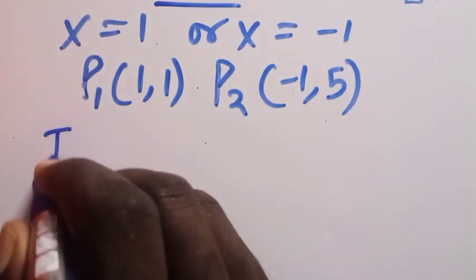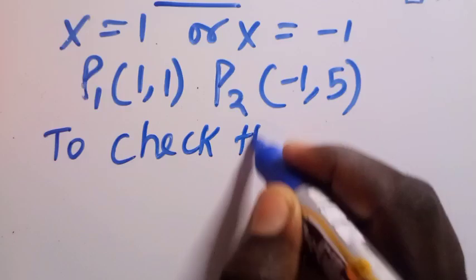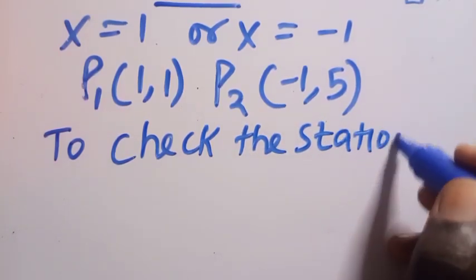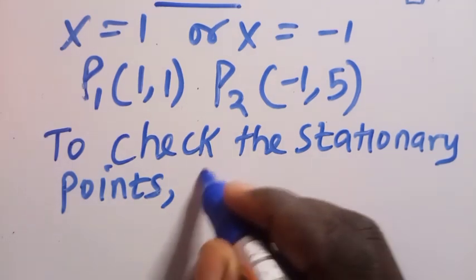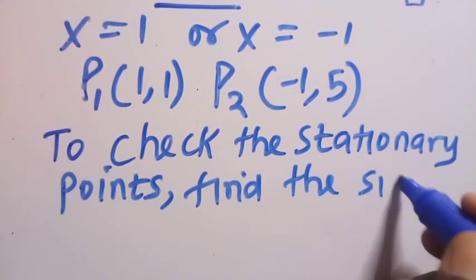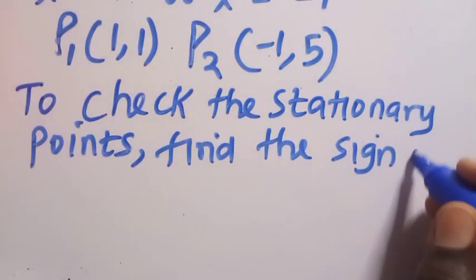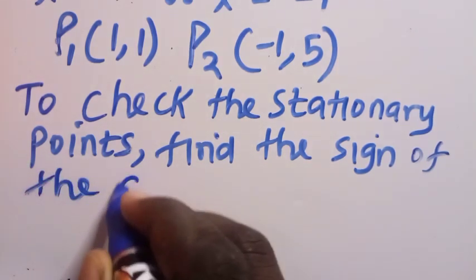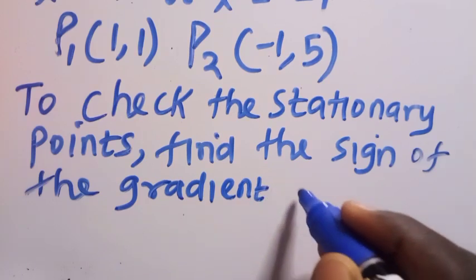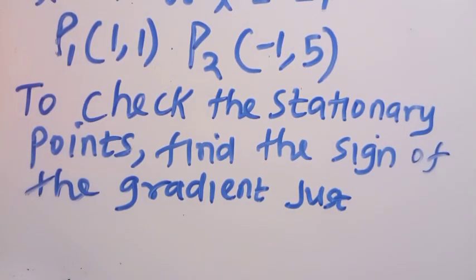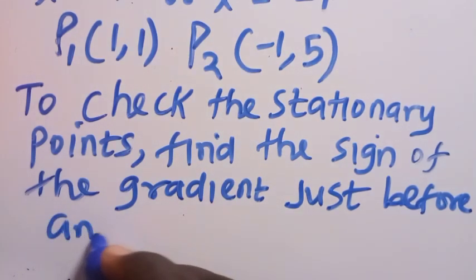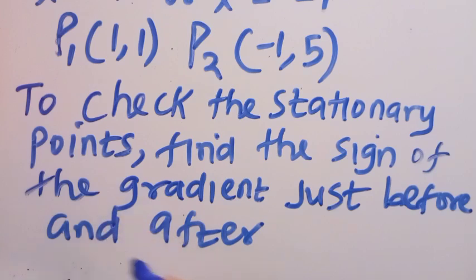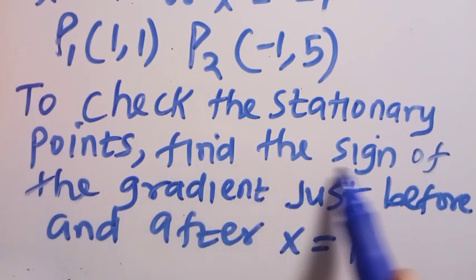To check the stationary points, find the sign of the gradient just before and after x equals 1.